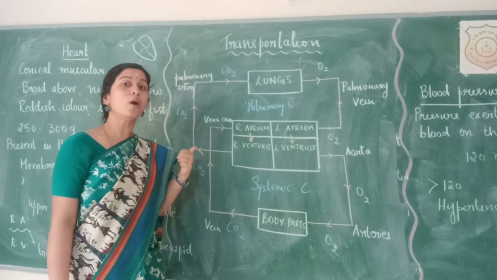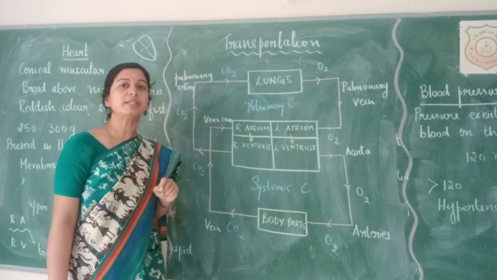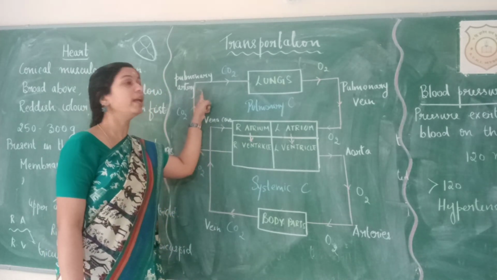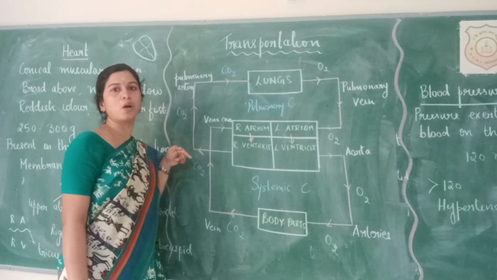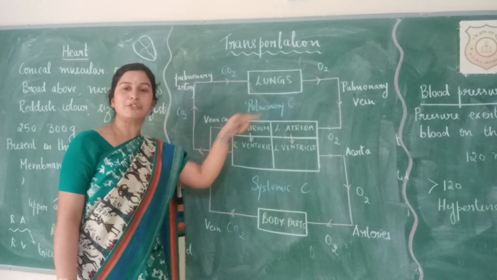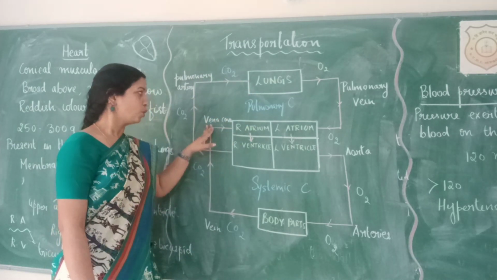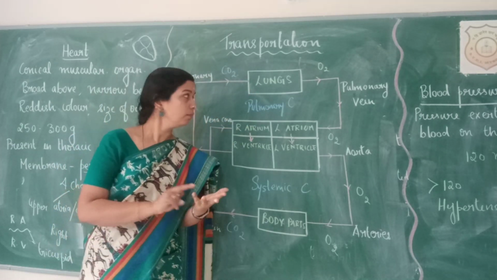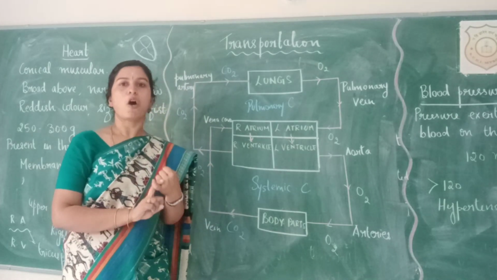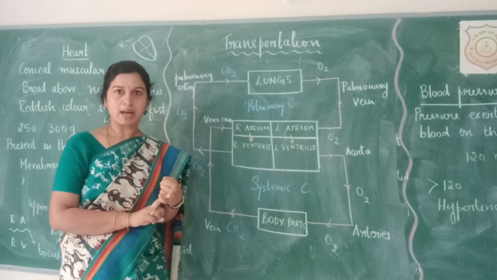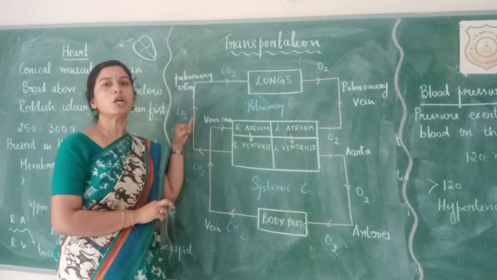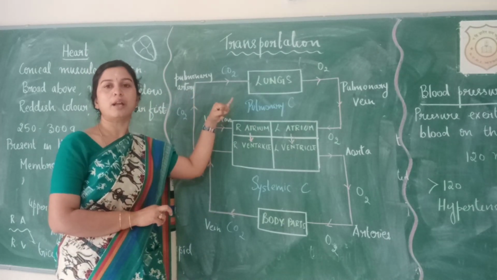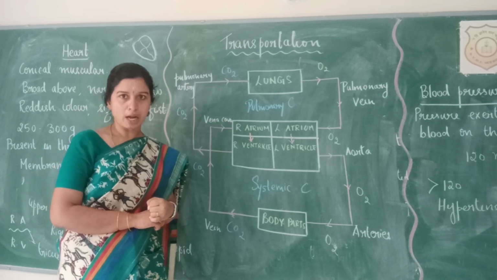It contains deoxygenated blood, so it is that exceptional artery, the pulmonary artery. This pulmonary artery is going to take the deoxygenated blood back to the lungs for purification. So remember, from the lungs oxygenated blood enters the heart through the pulmonary vein. From the heart, deoxygenated blood goes back to the lungs through the pulmonary artery.